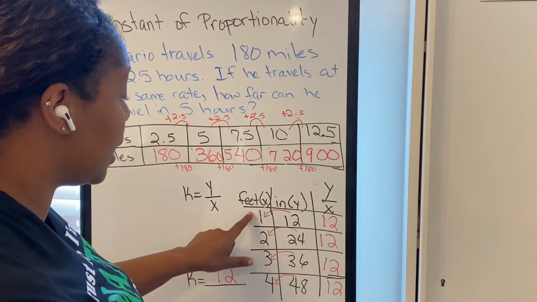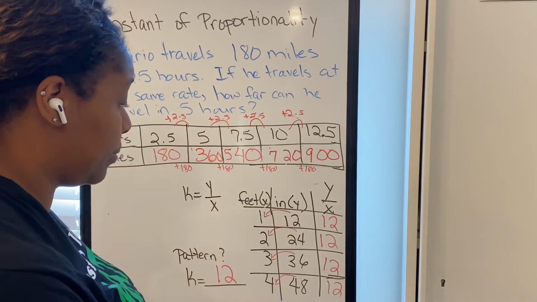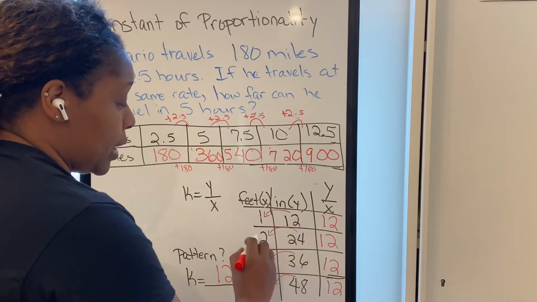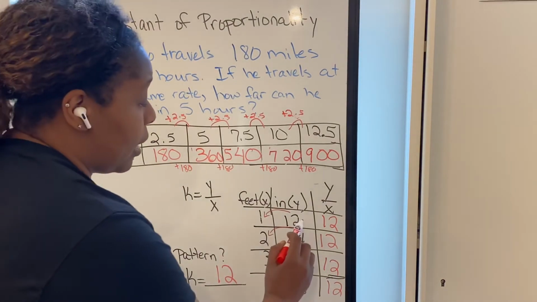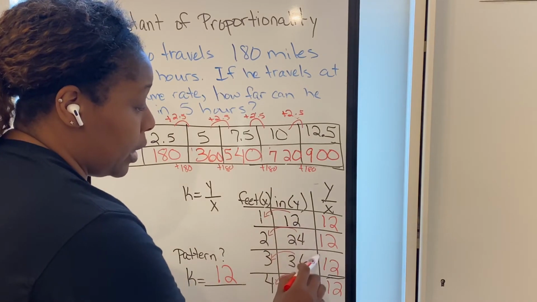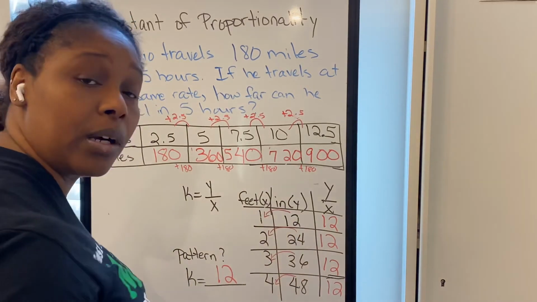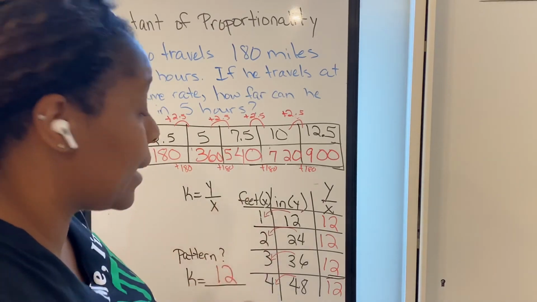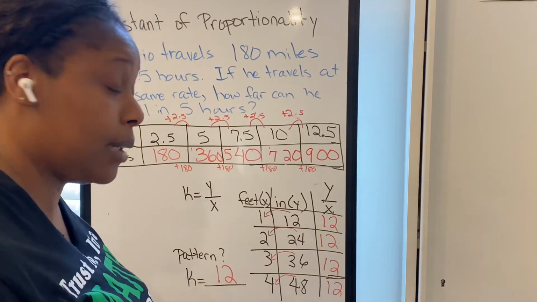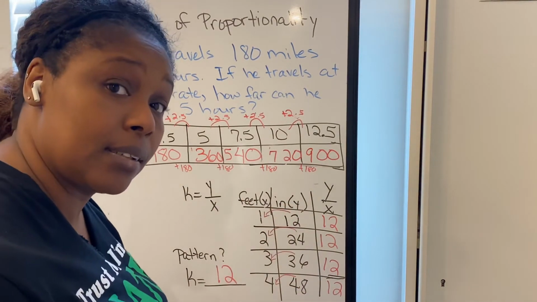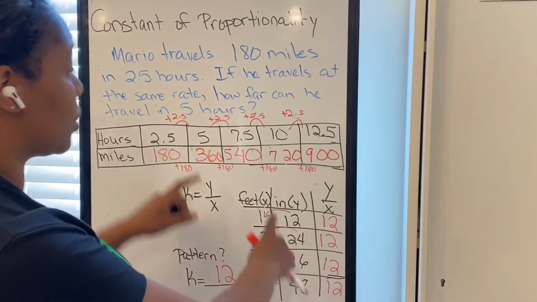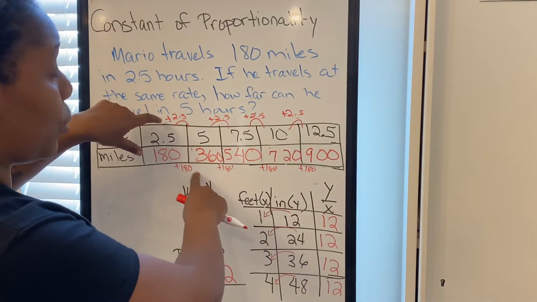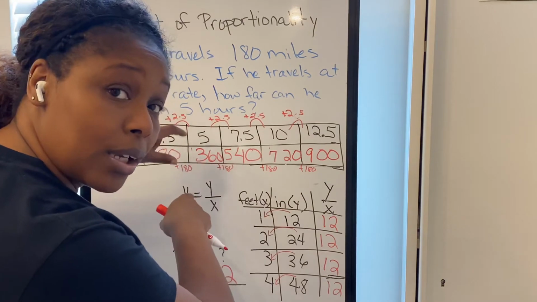Okay? Now each one of these went up by 1. So this went up by 1, this went up by 1, this went up by 1. This went up by 12. From here to here was 12. From here to here was 12. So the sides, my X's are all constant and my Y's are constant. So even though they don't have the same number, so look up here, 2.5 and 180, they're not the same number.